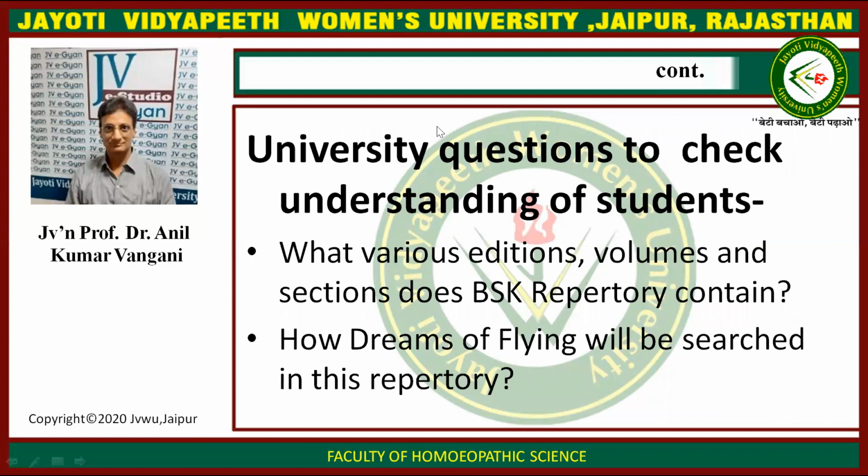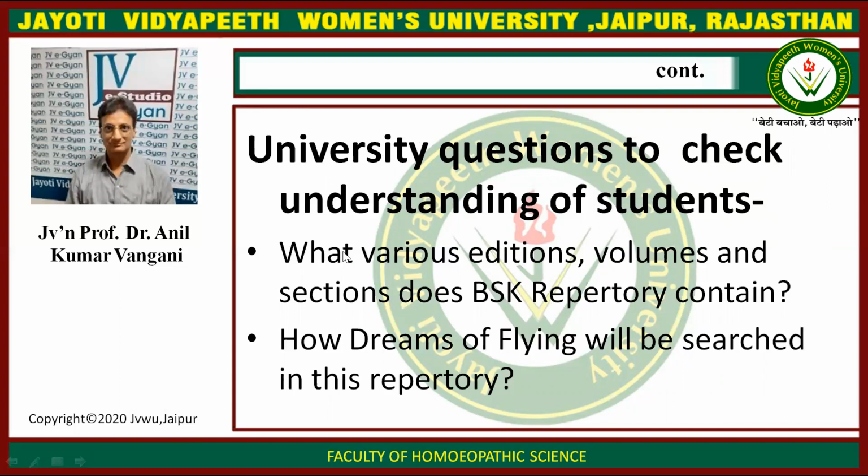So at the end, now we are going to give you an assignment to know how much you have understood and how much you are carrying out of this lecture. First of all, I would like to put some university questions to check your understanding. Two questions are there.